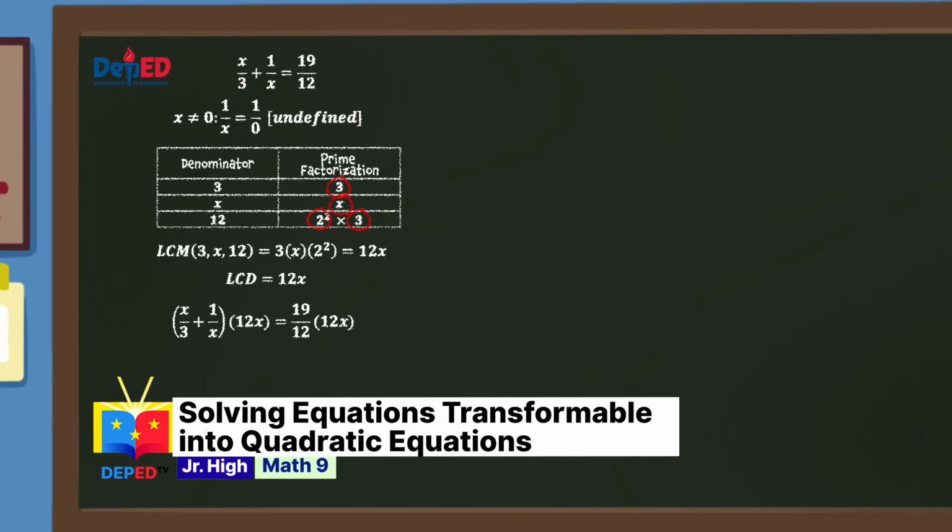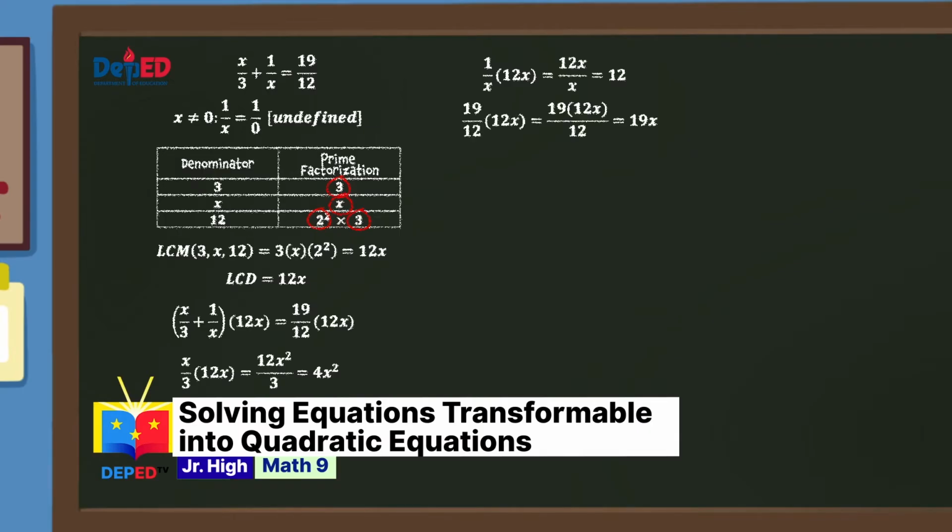So we have to multiply both sides of the equation by 12x. So we have x over 3 times 12x equals 12x squared over 3, which is equal to 4x squared. 1 over x times 12x is equal to 12x over x, or simply 12. 19 over 12 times 12x is equal to the product of 19 and 12x over 12, or simply 19x.